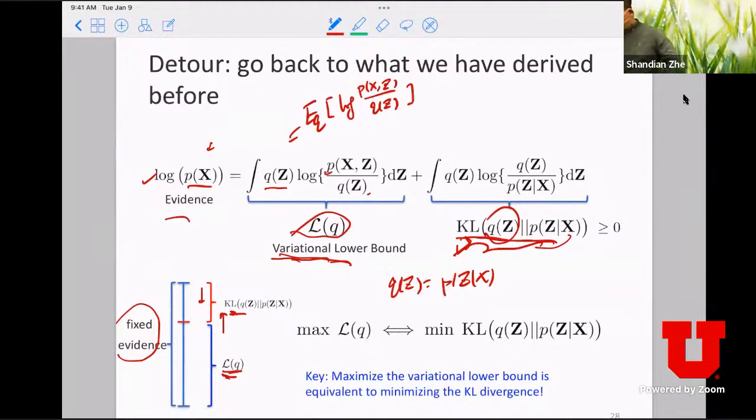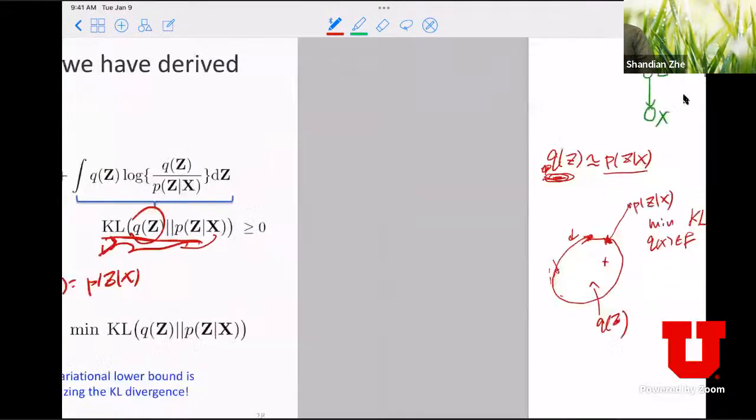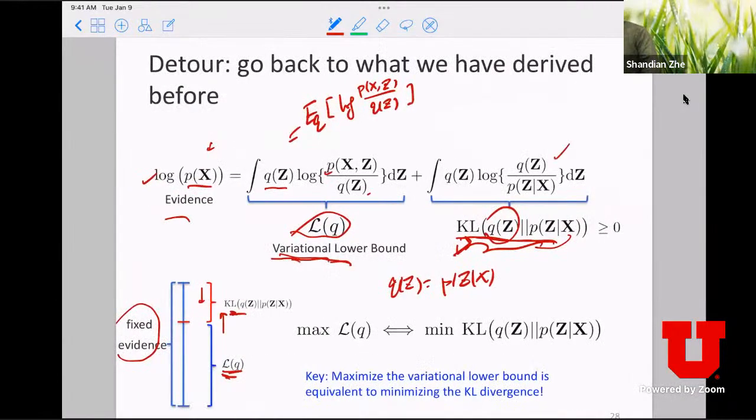Okay, so given this framework, the remaining thing in practice is to define the family of approximations of Q(z). Then, given your family of approximations, you try to maximize the evidence lower bound to find the optimal approximation in your designated family. That's the whole framework.